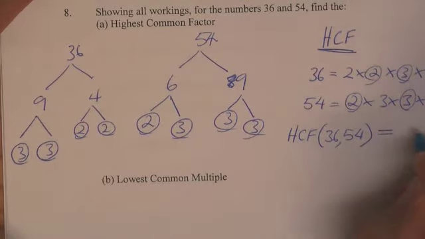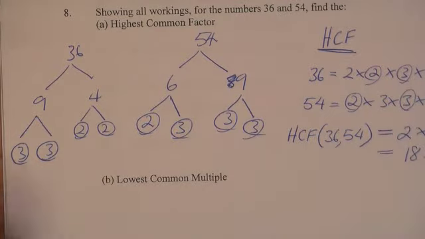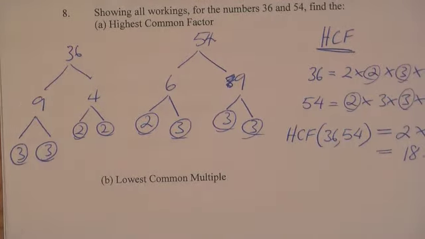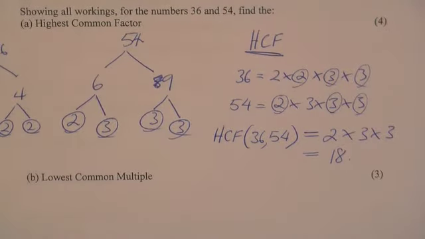It is equal to 2 times 3 times 3, which is equal to 18. Now that's a tough one. You'd have to be pretty confident with your factor ladders, factor trees, and working with your prime factors there.